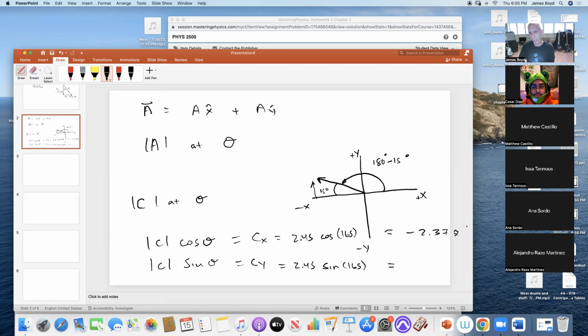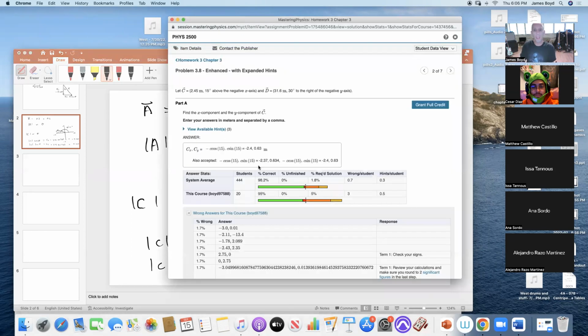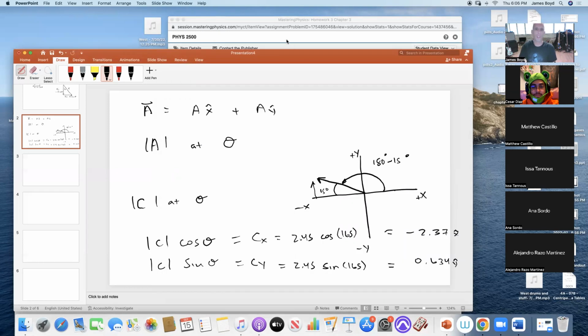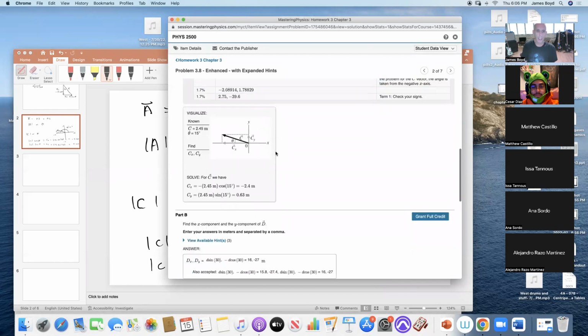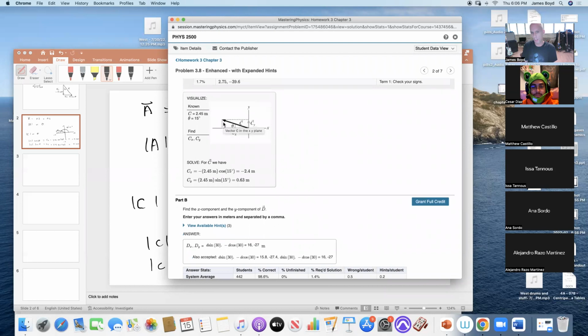And you might want to put a little x hat just to remind yourself it's in the x direction. 2.45 sine of 165 is 0.634. And you may want to put a little y hat, just to remind yourself it's in the y direction. So negative 2.37, 0.634, which is what we got. Similarly, they're going to ask us, and you can see here that this is what our vector would look like.